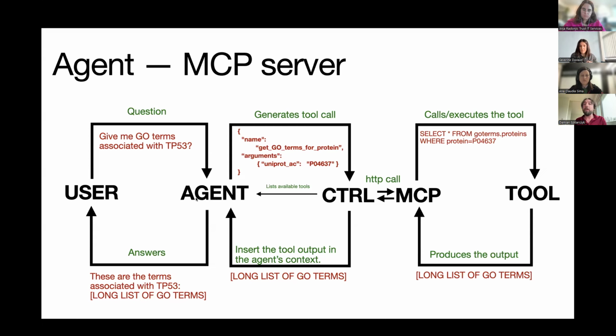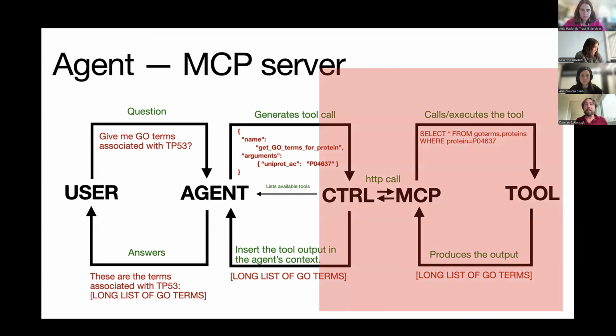For less known proteins, it may not know, but for TP53, it will know, and then the controller will notice that, and hands over the call to the MCP, and the MCP knows exactly what to do. It, for example, goes to the internal database and gets the protein, and then the tool outputs the list, which is then injected into the agent context, and the agent parses this list and answers your question.